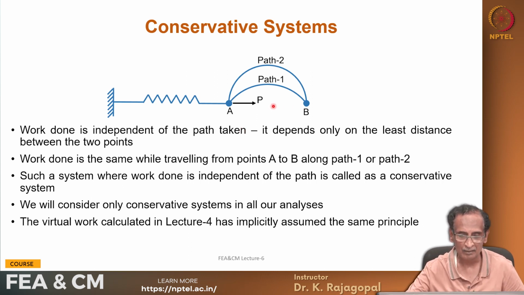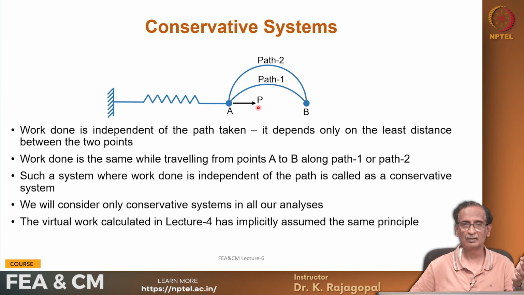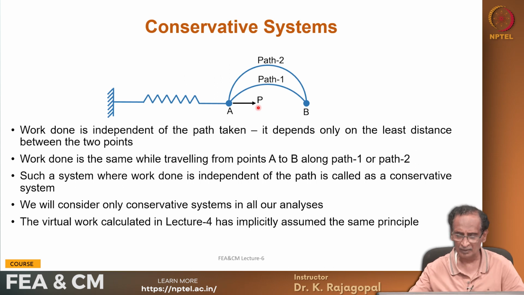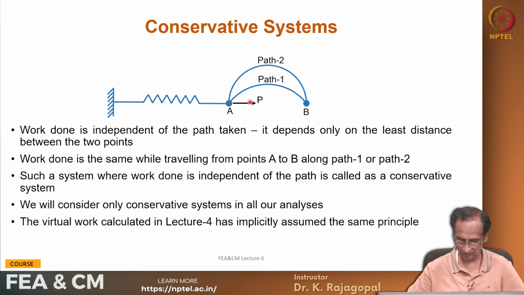There also we calculated the work done, but we did not give any importance to the path taken and so on. But this is the assumption that we make. We consider only the conservative systems where the work done does not depend on the path.